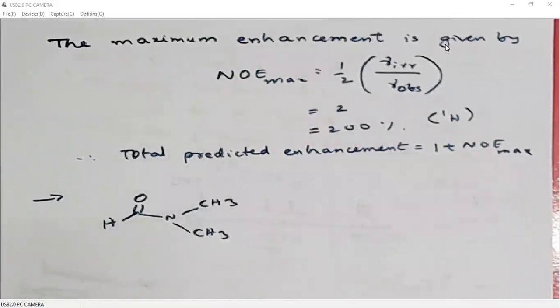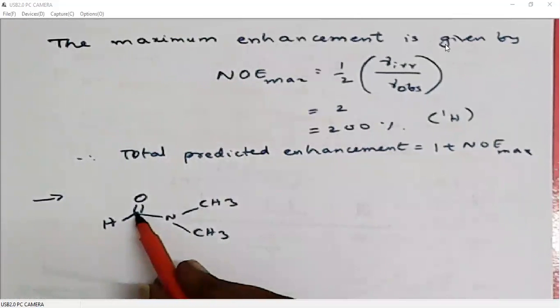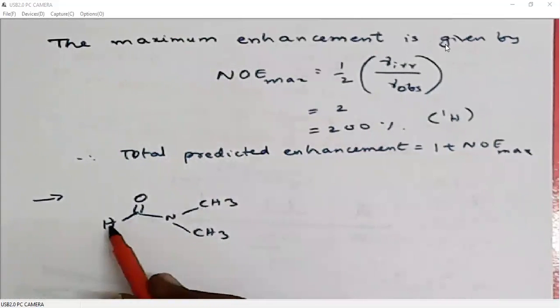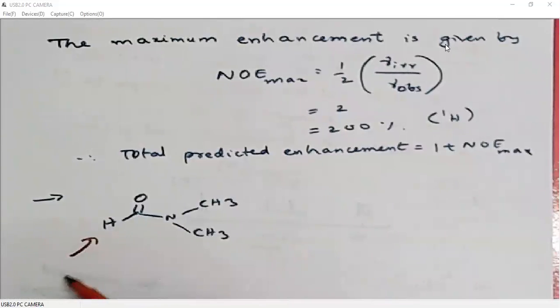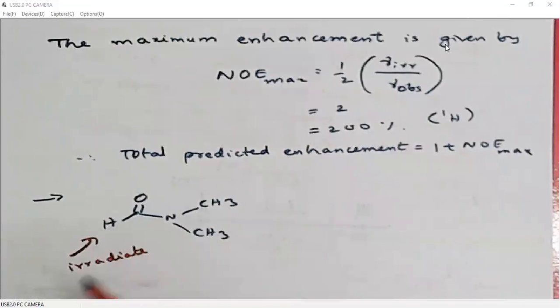When we irradiate protons, not only this carbon signal, the carbons which are nearer to this proton will also increase their signal when we irradiate with RF frequency.